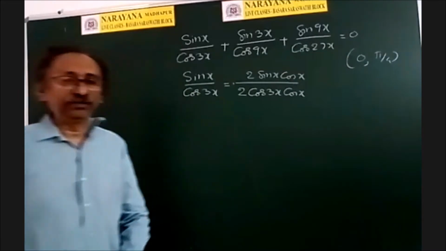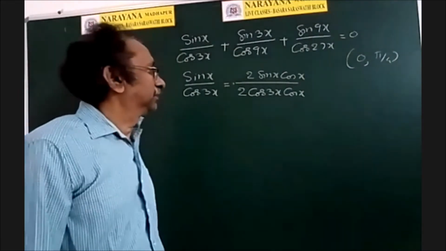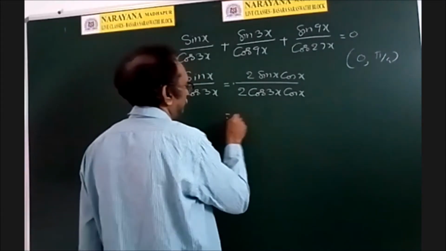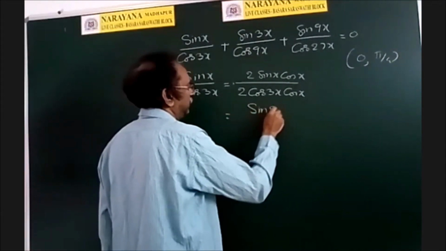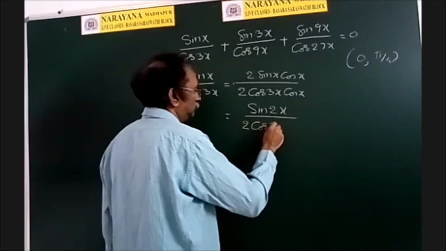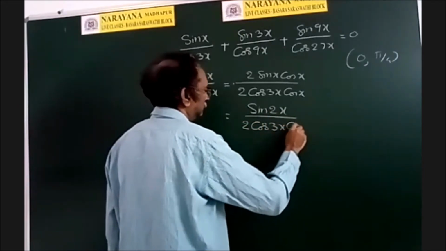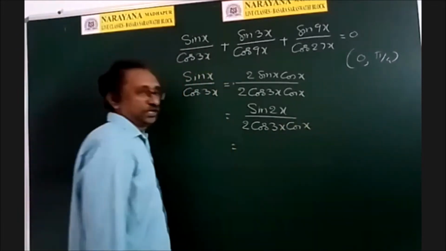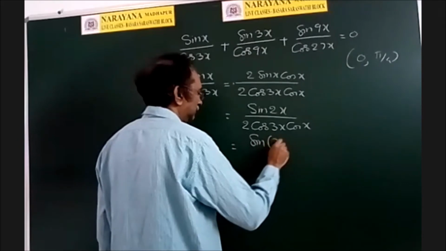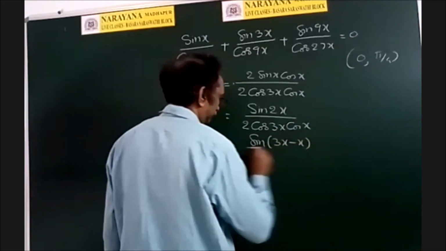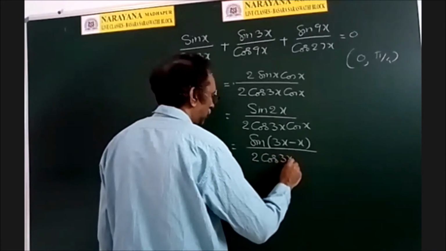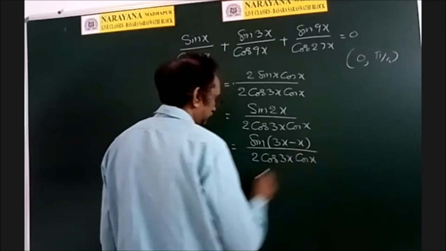So what I have done is multiply numerator and denominator with 2 cos x. What is the numerator? Sin 2x by 2 cos 3x cos x. And now write sin 2x as sin of 3x minus x, by 2 cos 3x cos x.